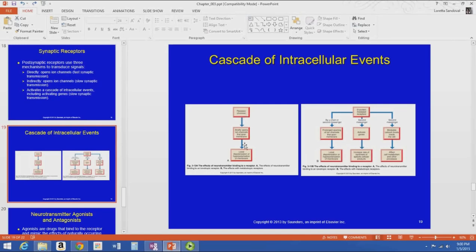It briefly opens the ion channel. It causes local either depolarization or hyperpolarization of the membrane. So that's that quick, direct, fast-acting thing. The G protein mediated receptors, those are the ones that are indirect, and they can do a lot of different things that are listed on this chart.